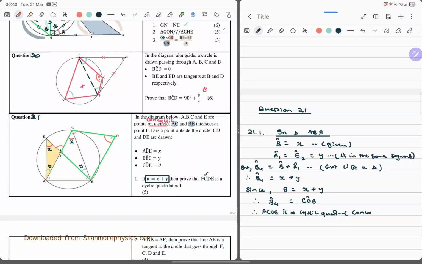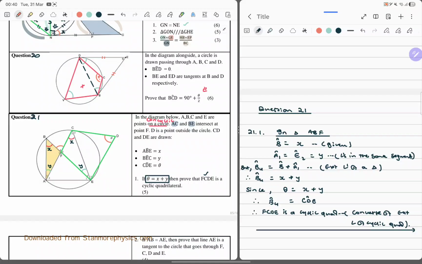Now we've used the converse of exterior angle of cyclic quad. So easy stuff. Remember, we normally say the exterior angle of a cyclic quad equals the opposite interior angle. Now we bumped into the information that the angle interior is equal to the angle exterior.